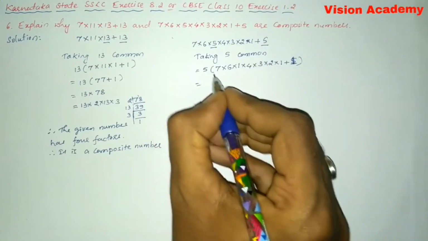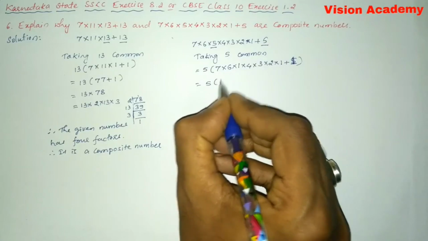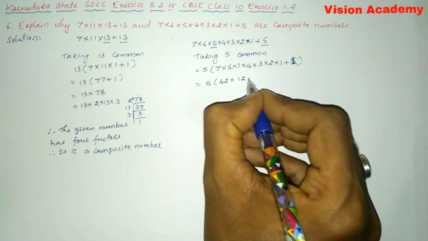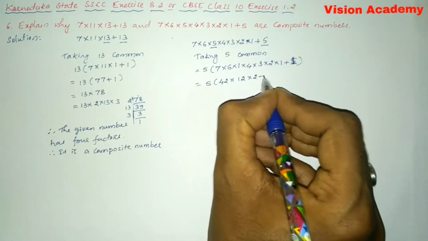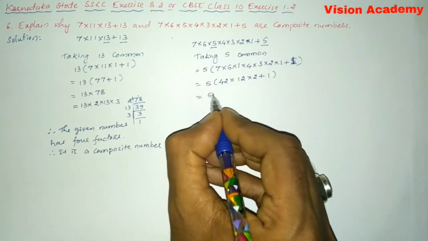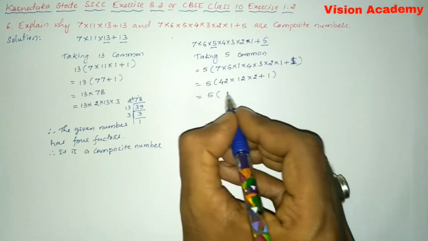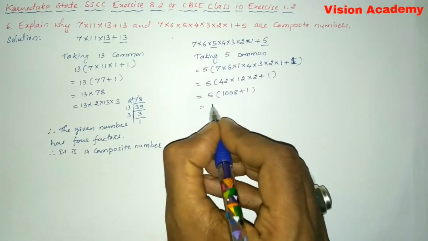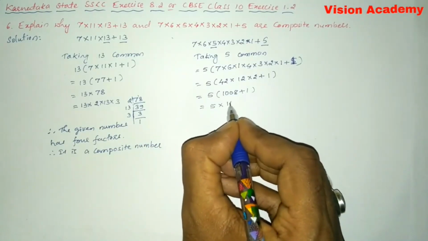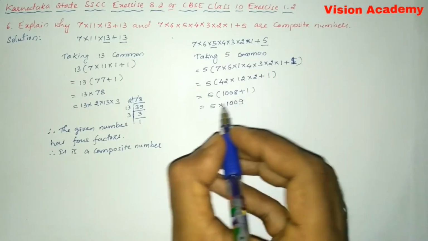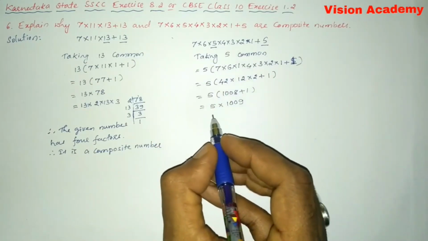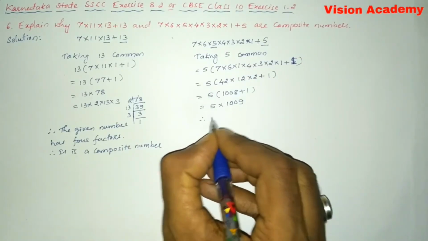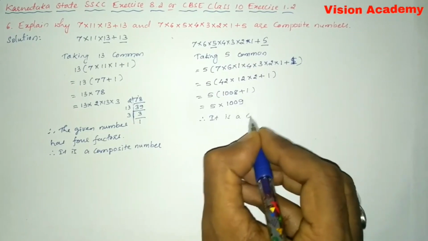Now we can write here 5 into, 7 6s are 42, into 4 3s are 12, into 2, plus 1. So this gives us 5 into 42 into 12 into 2, which gives us 1008, plus 1, and here 5 into 1008 plus 1 is 1009. So here the given number has more than 2 factors. Therefore it is a composite number.